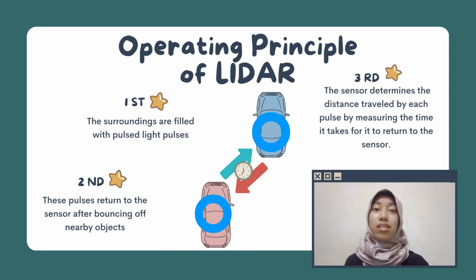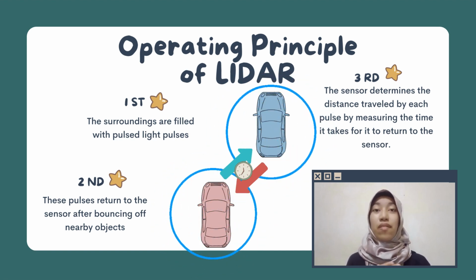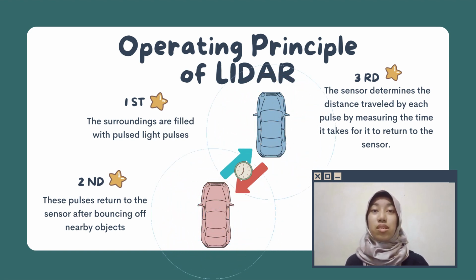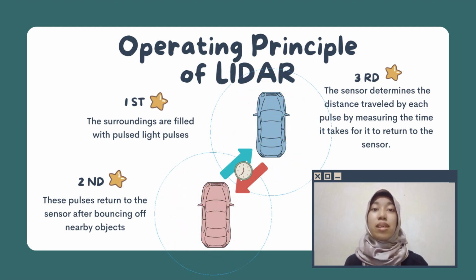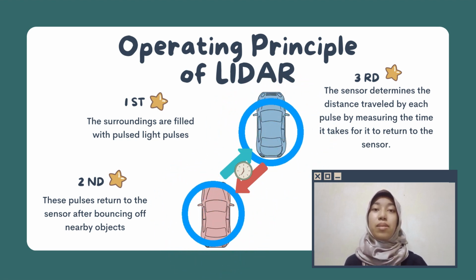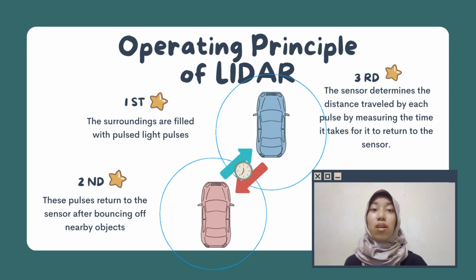An accurate real-time 3D map of the environment is produced by repeating this procedure millions of times per second. A point cloud is the name given to this 3D map. The LiDAR point cloud may be used by an on-board computer for secure navigation.